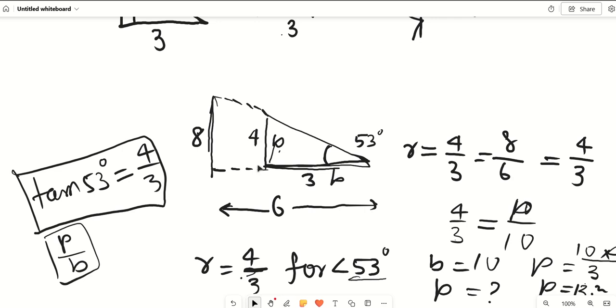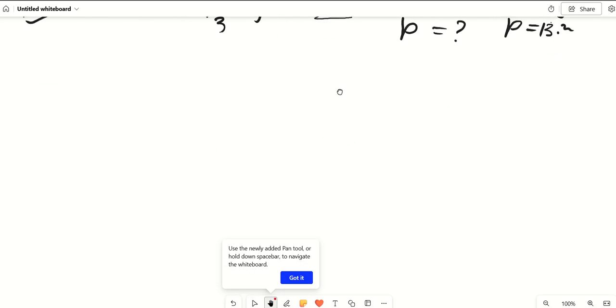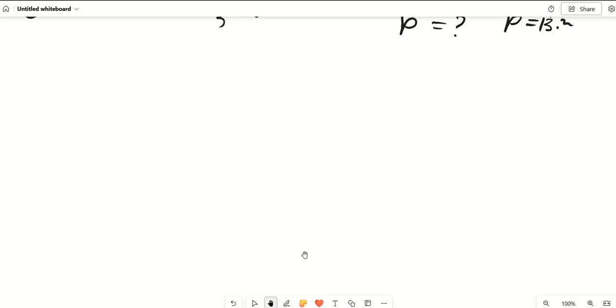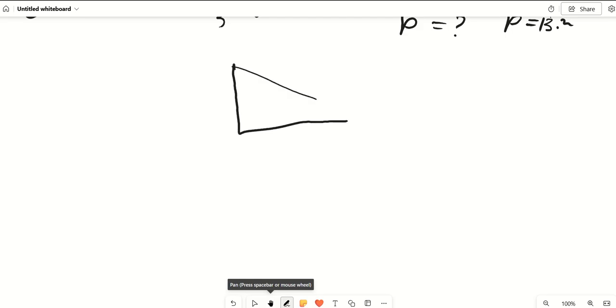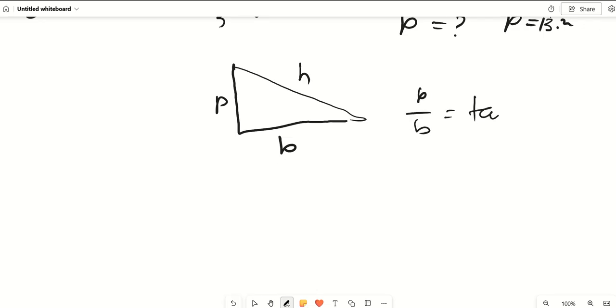Similarly, there are 6 ratios we can make out of this triangle. I mean, it's P, B, and H. I already know P by B is called tan theta.